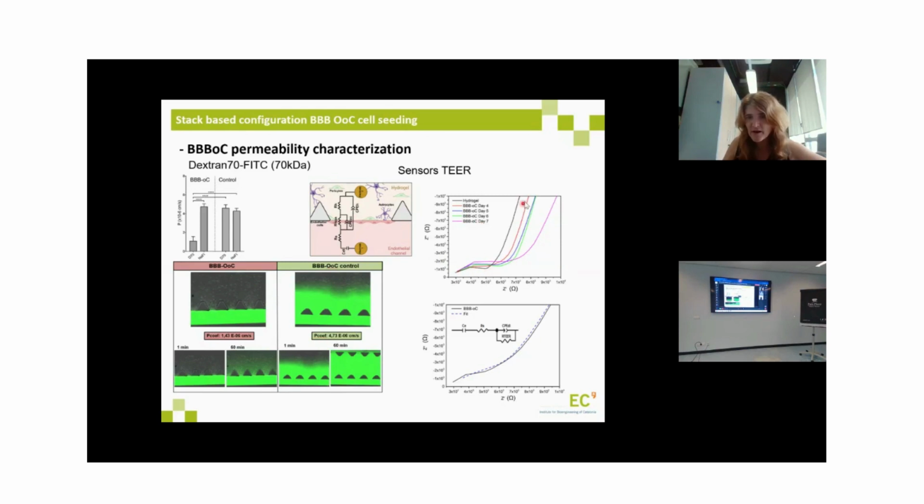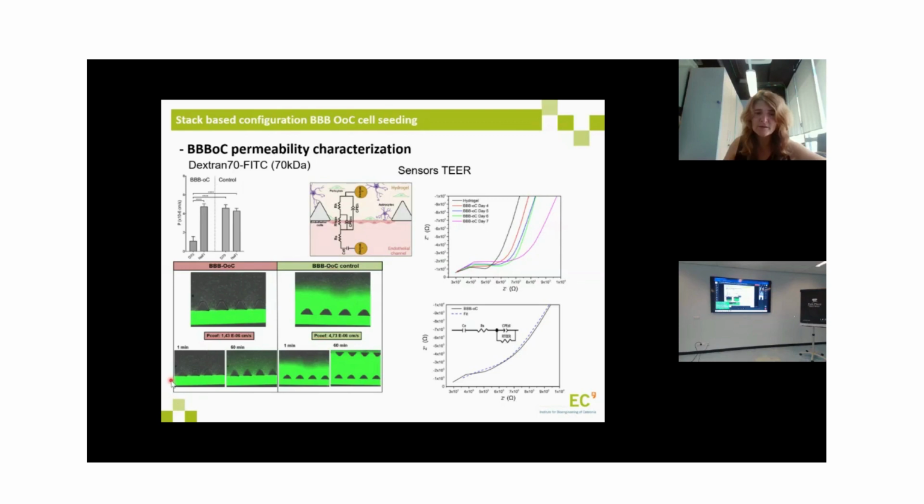Here we have just the hydrogel without endothelial cells, and as the days pass and the barrier is created, the resistance, which is represented on this X axis, increases. You can appreciate that the resistance is increasing. This is the model that we use for fitting these impedance results. And also we analyze the permeability of the chip with fluorescence.